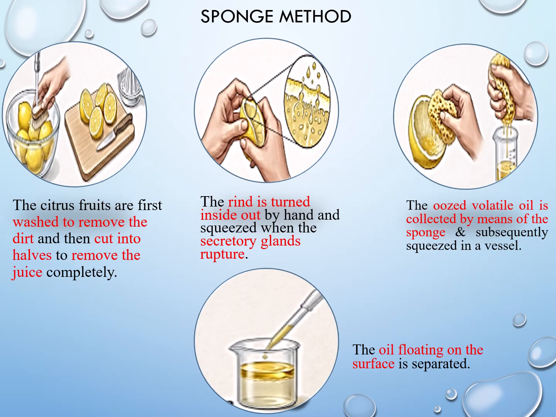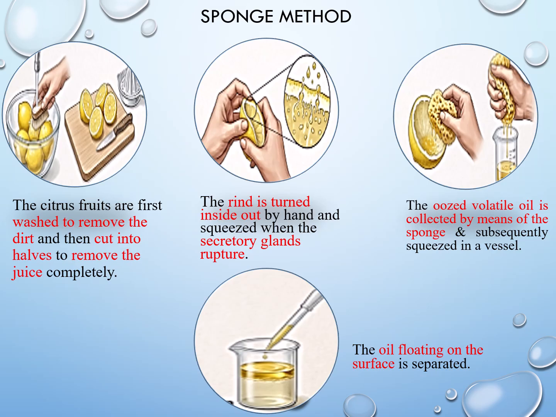After the removal of the juice, the rind is taken and it is turned inside out by means of the hand. And it is also squeezed to rupture the oil glands which are present on the surface of the peel.